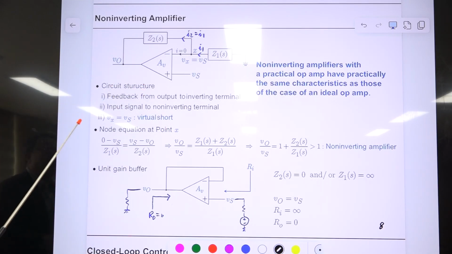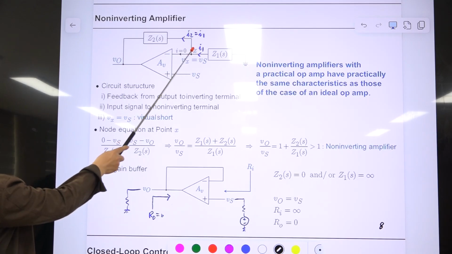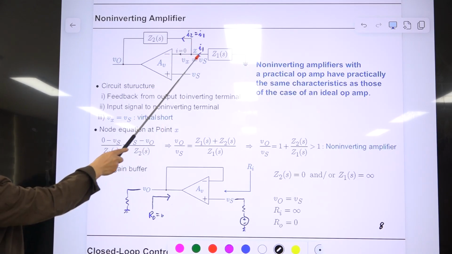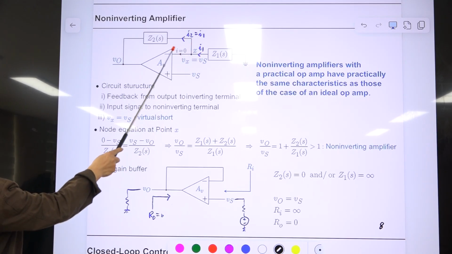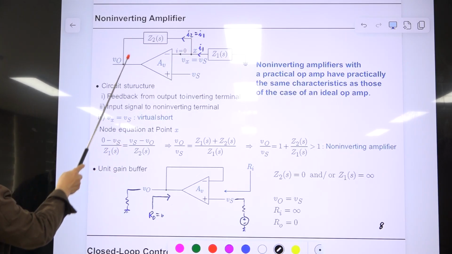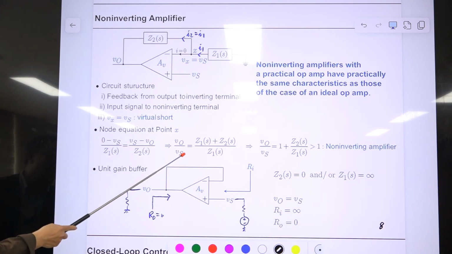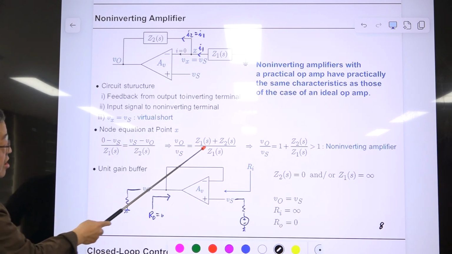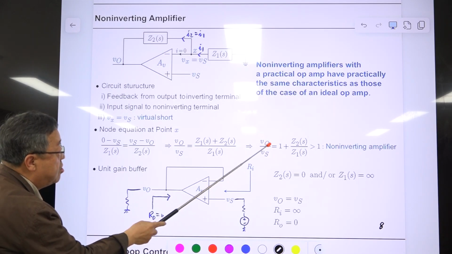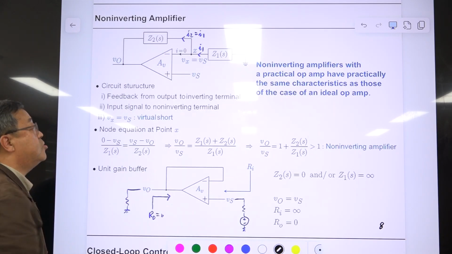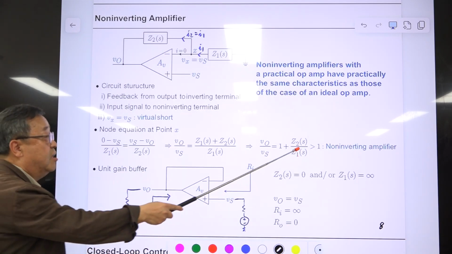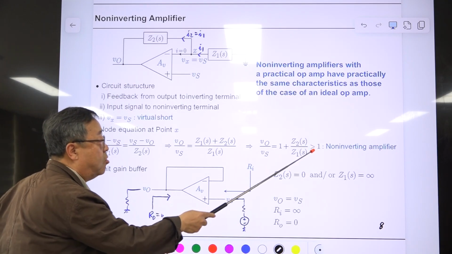Okay, so again, the node equation at X is very useful. So this is I1, and this current is 0, and this is I2. This equation is extremely straightforward to set up, and this is the gain expression, and it is modified like this. So the gain of this non-inverting amplifier is always larger than or equal to 1.